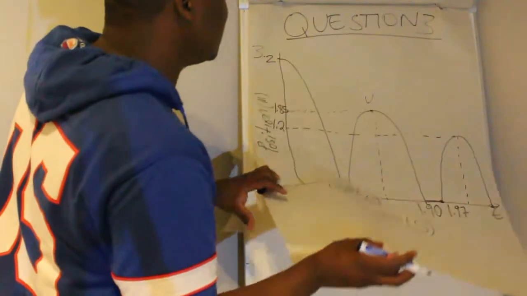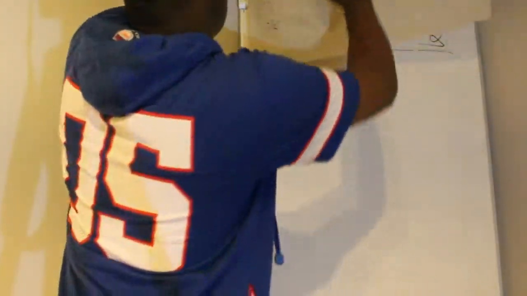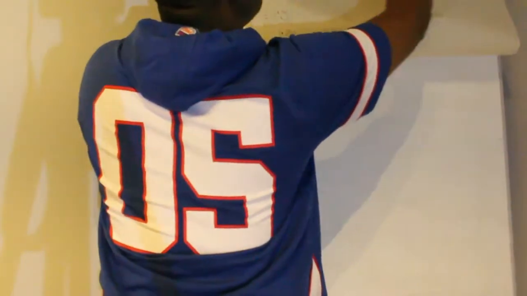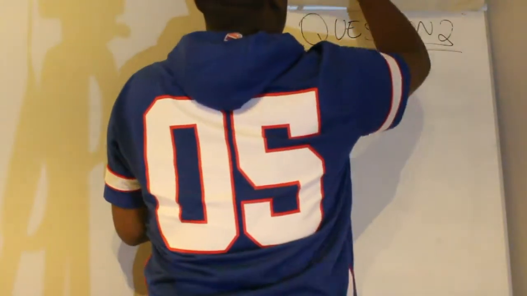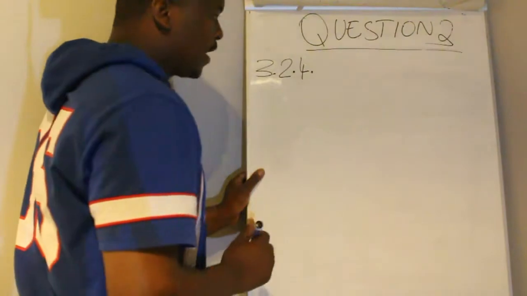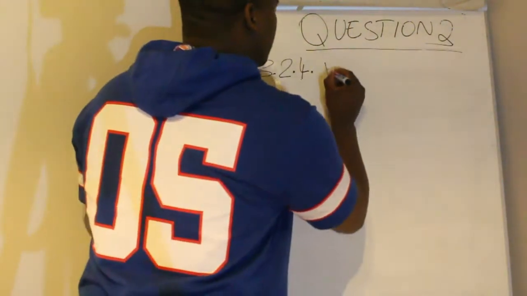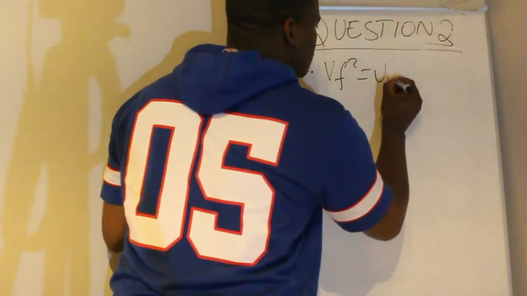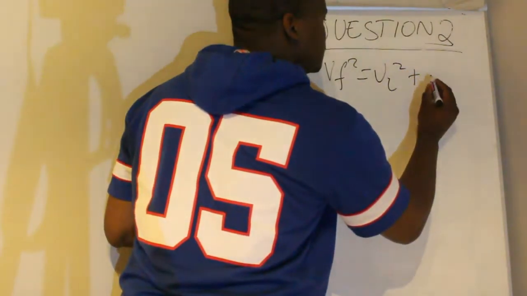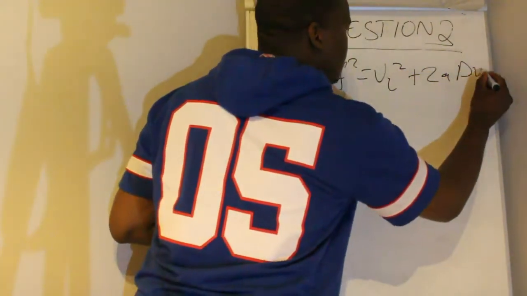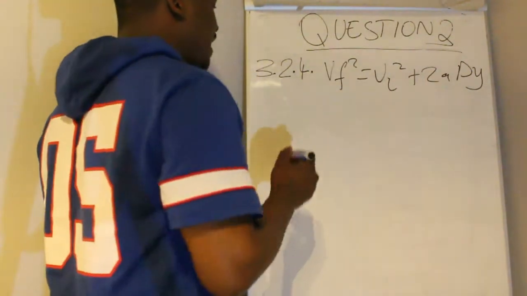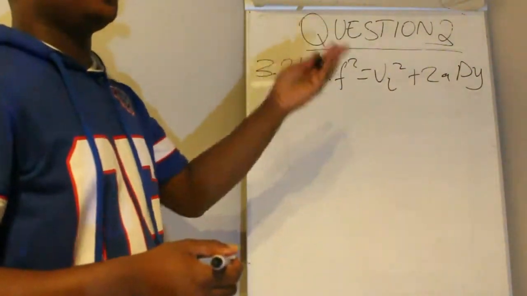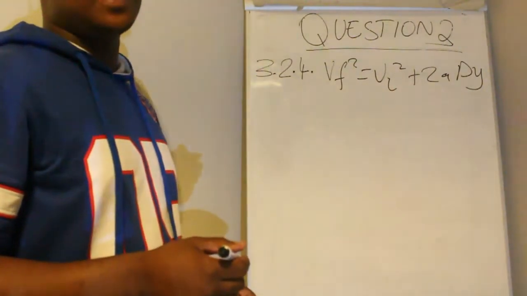So we use a calculation similar to the previous one. So we say, okay, Vf squared is equal to Vi squared plus 2a delta y. I took my motion up as positive and everything that goes down as negative.